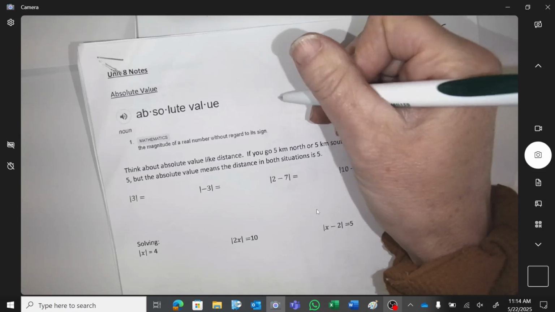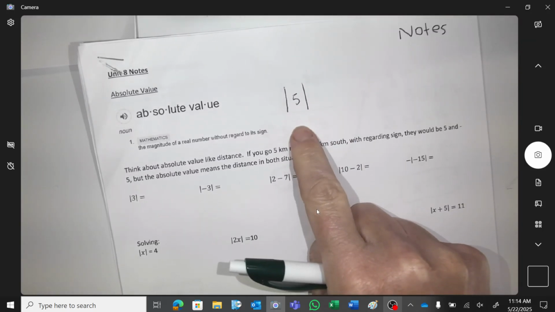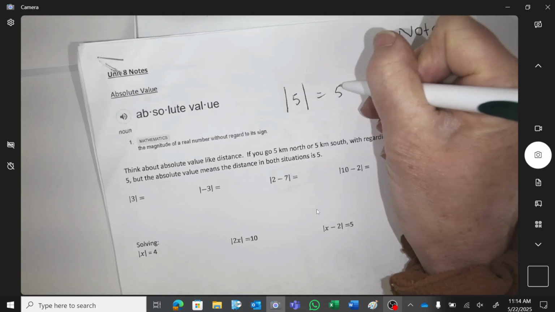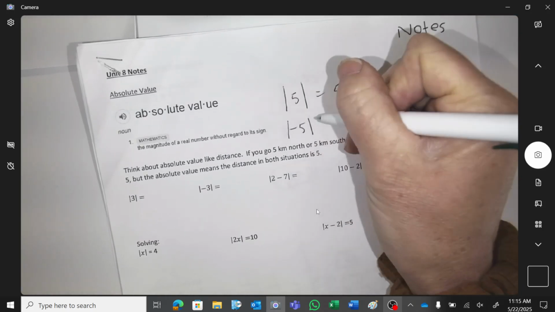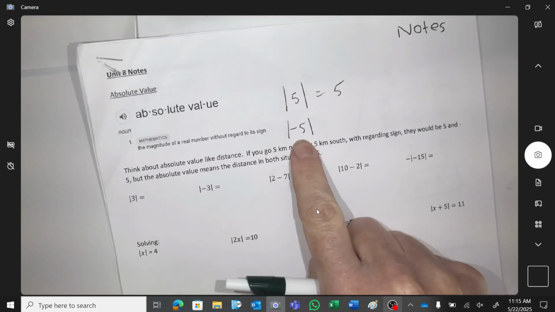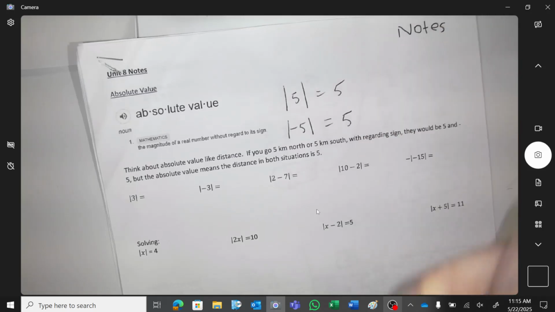So if I am talking about going 5 kilometers north, I'm really just talking about a distance of 5. And if I'm going 5 kilometers south, I don't care about the direction, because I'm just talking about a distance of 5.